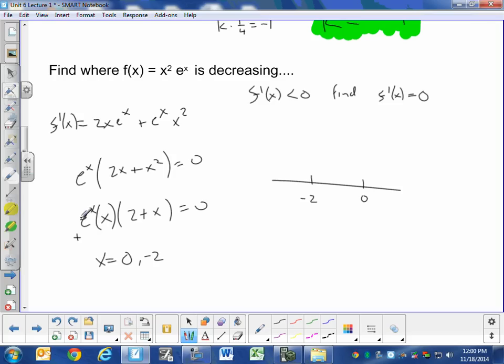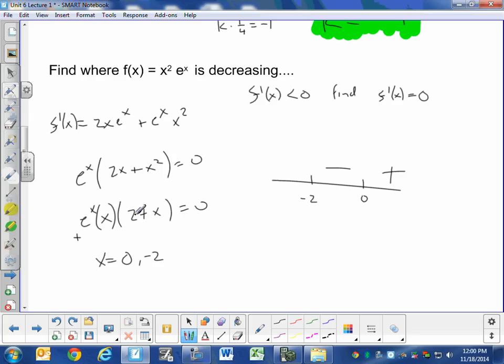Now, since e to the x is always positive, if I plug in a value like 5, this is positive, this is positive, this is going to be positive. If I plug in a negative value, this is still positive. This is now negative. This is still positive. So positive, negative, positive is a negative.